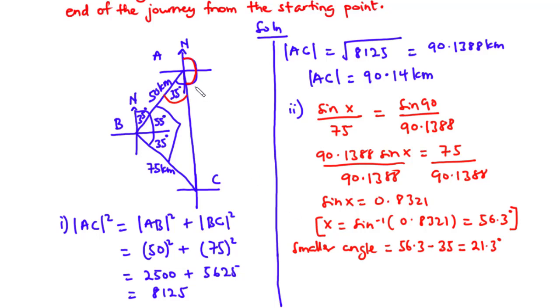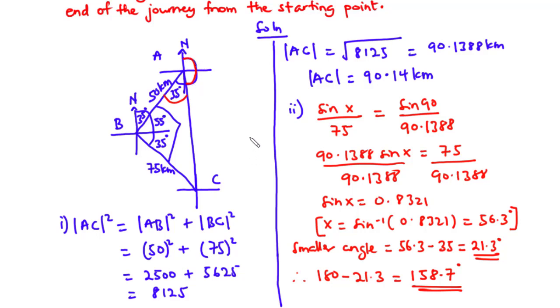So to find the bearing of the end of the journey from the starting point, we are going to subtract this value from 180. Therefore, 180 minus 21.3 is equal to 158.7. So this is the bearing of the end of the journey from the starting point.